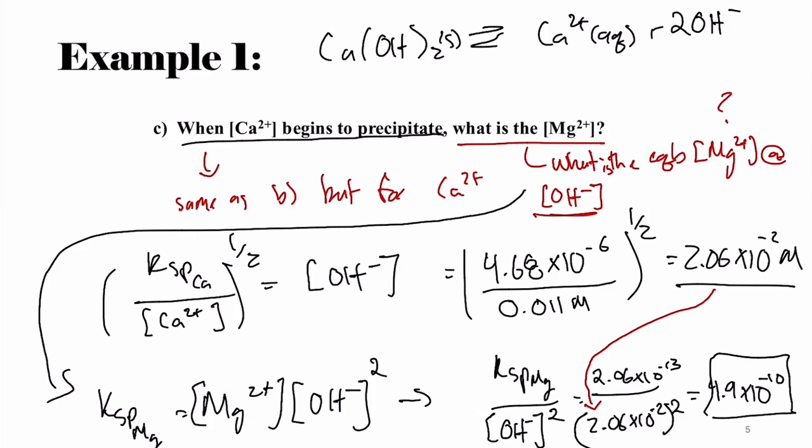And so if you calculated the percentage of what you started with, which is 0.025, and now you have something like 10 to the minus 10, right? You would see that by the time you start precipitating out the calcium, which is when the hydroxide concentration is this much, you've already gotten rid of 99.99999% of the magnesium ions in solution. So by the time you even start precipitating the calcium, you've already gotten rid of almost all of the magnesium from solution.